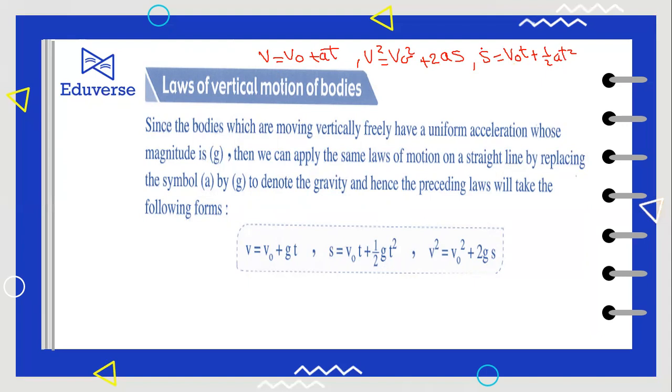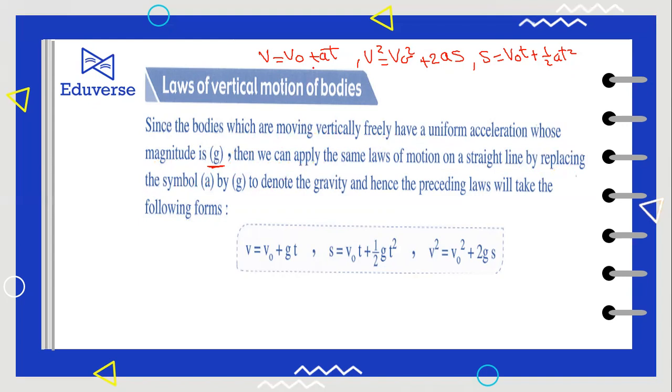If I'm moving vertically, then I will replace A and put G. Replace A by G. Since the body moving vertically freely has a uniform acceleration whose magnitude is G, G is called gravity. Then we can apply the same laws of motion on the straight line by replacing the symbol A by G.